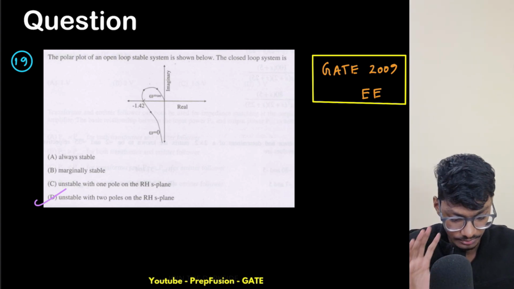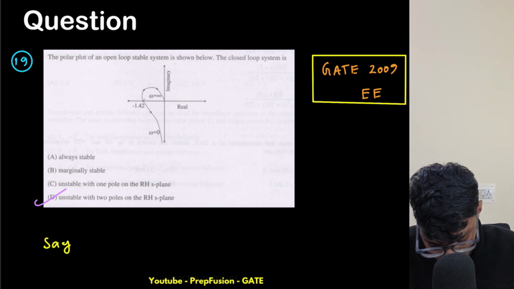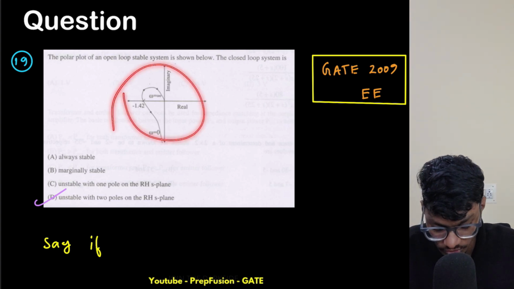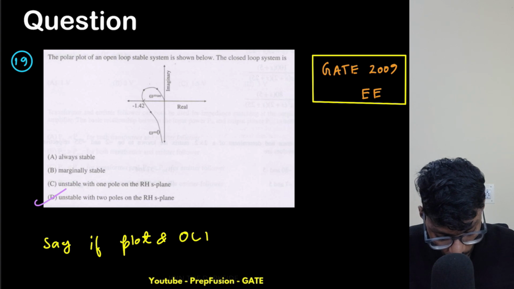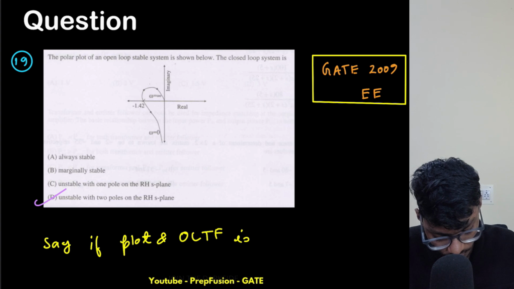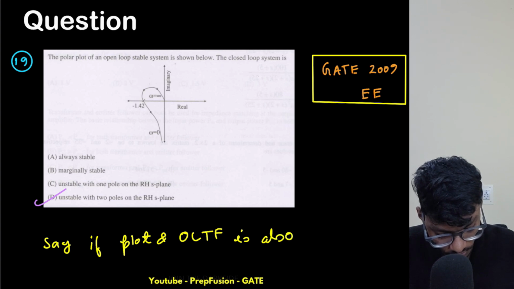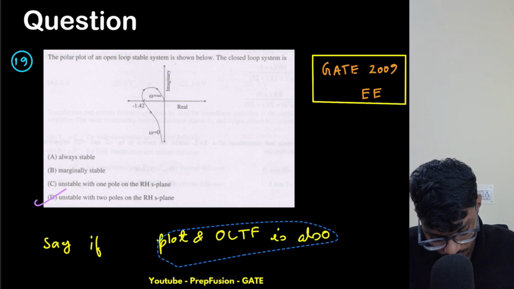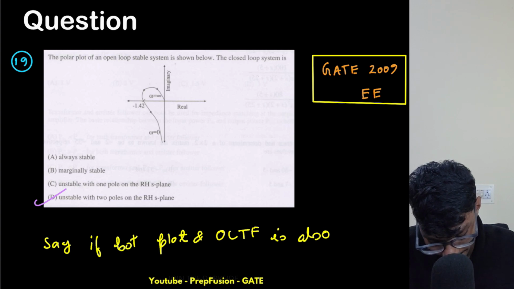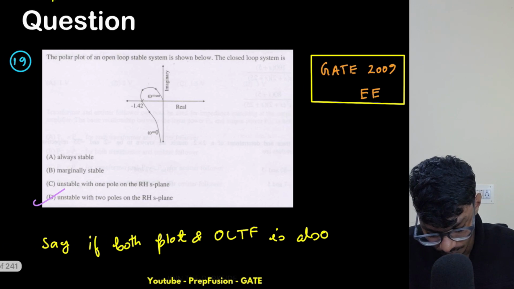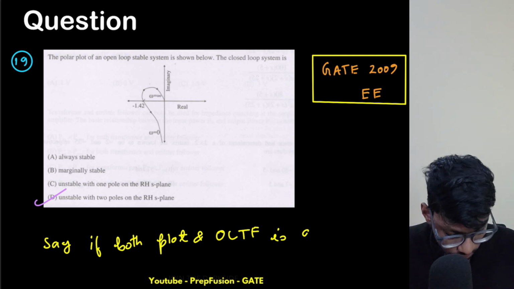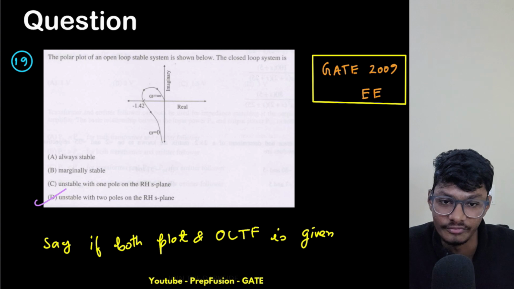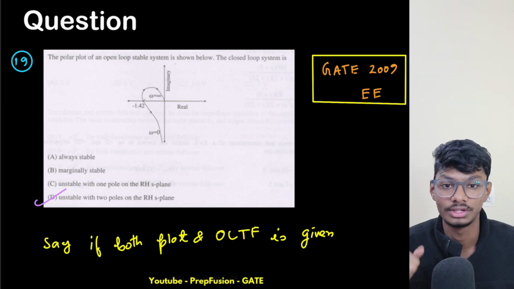Now, for example, let's say if this plot was also given and the OLTF is also given, if both of them are given, then what does this mean?